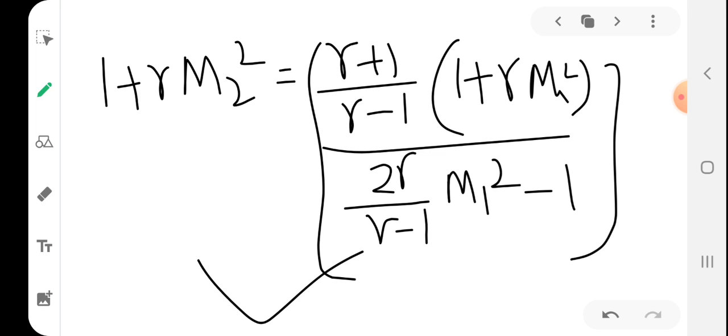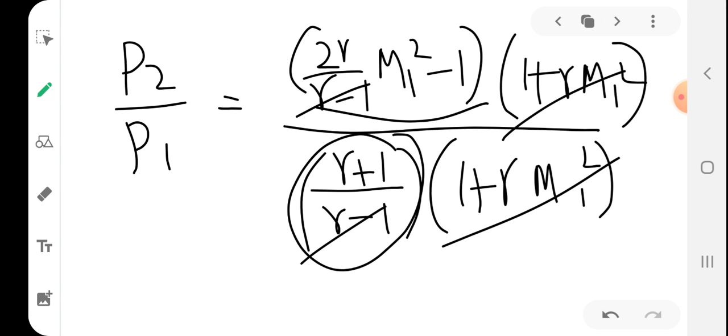Even if you are not able to do those steps, don't worry, you have the final equation with you in your gas tables. That is why I'm not taking a lot of stress in solving that algebra.